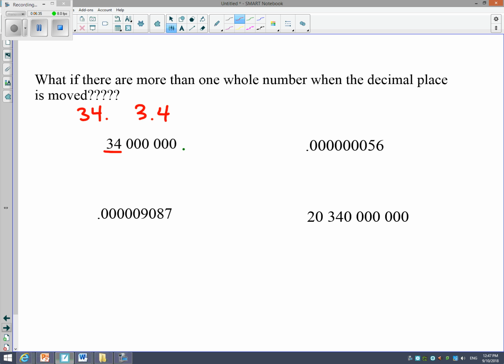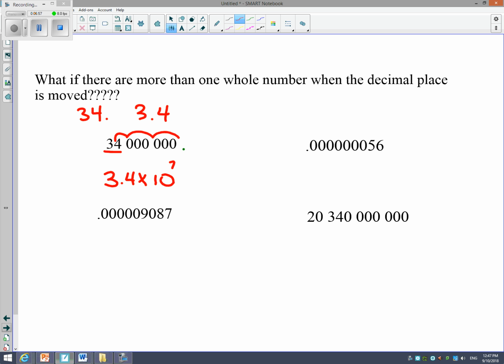So anyhow, what we talked about today is that still goes to the far right, or to the right of the first whole number. And the first whole number in this is 3, so it will be 3.4. Now all we have to do is figure out how many places we moved it. We moved it 3, we moved it 6, and one more is 7.